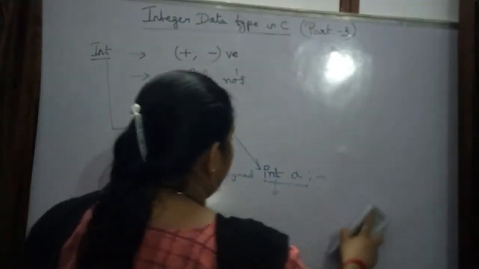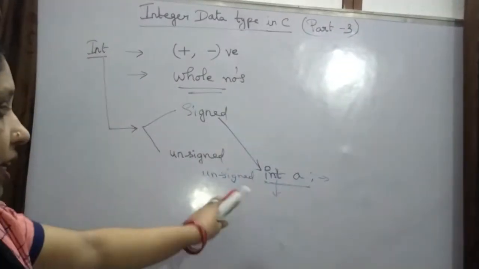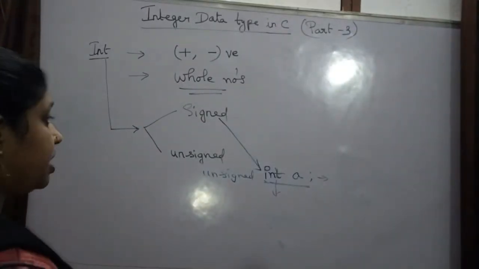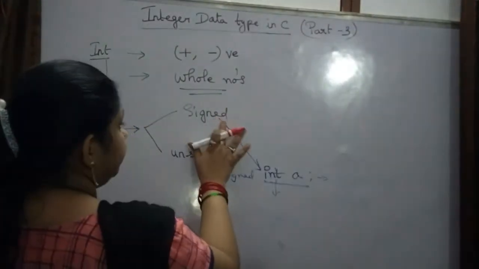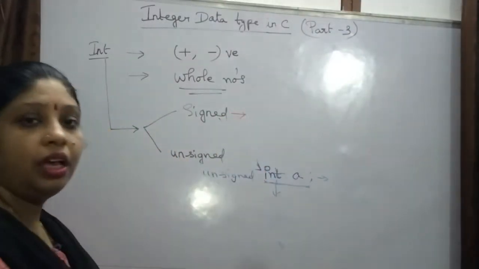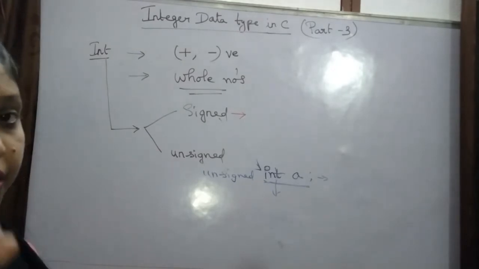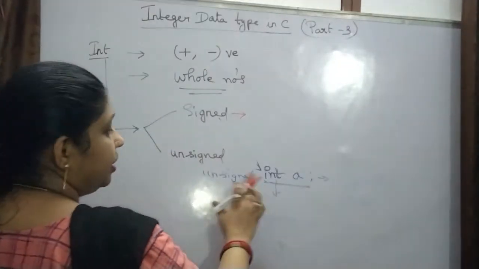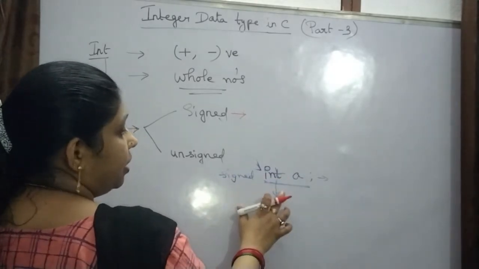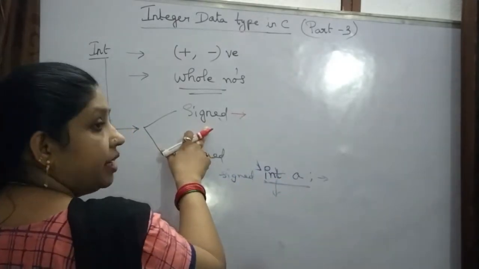Now I have said that when you declare like this, but you should know what is signed and unsigned. Signed is when you declare a variable, as I said here, int a, by default it will take signed.